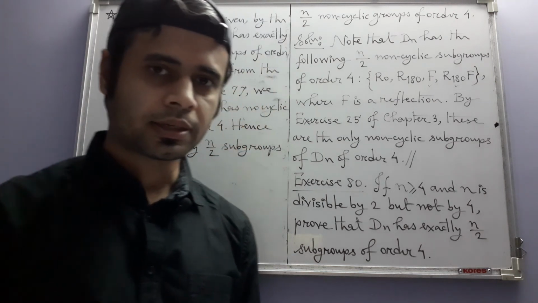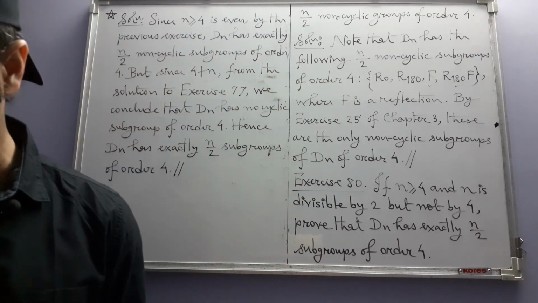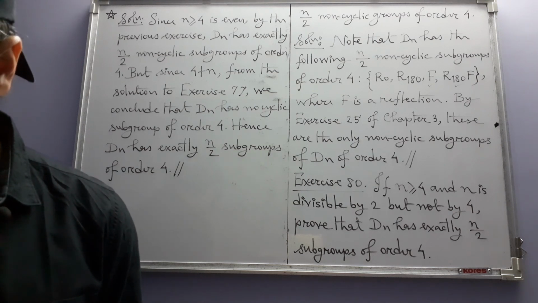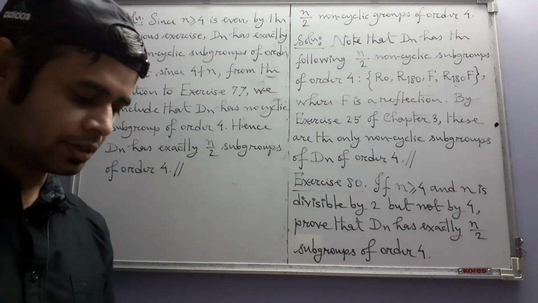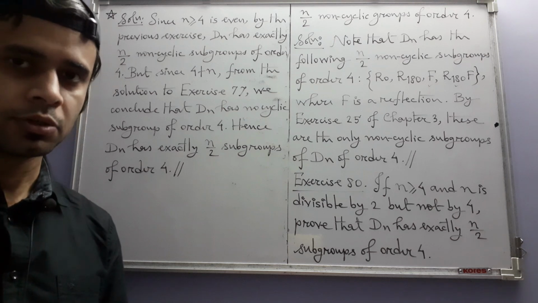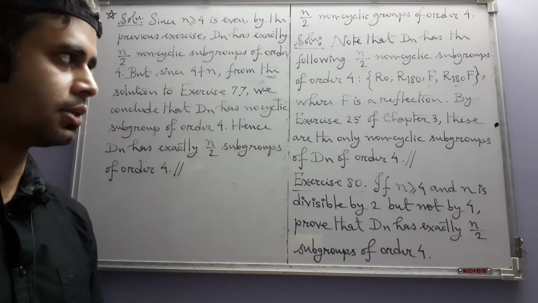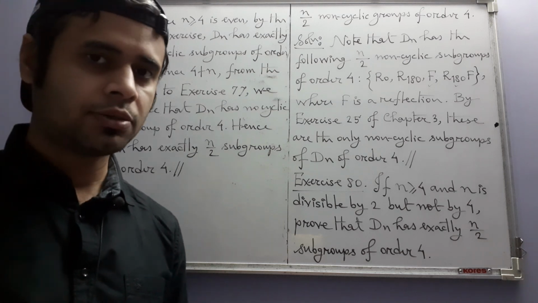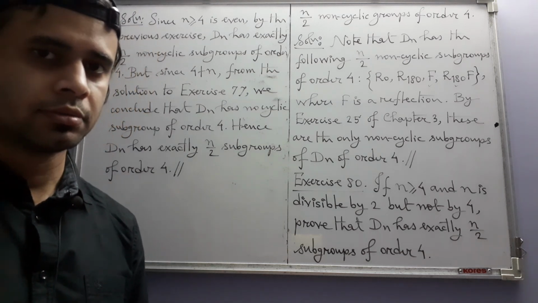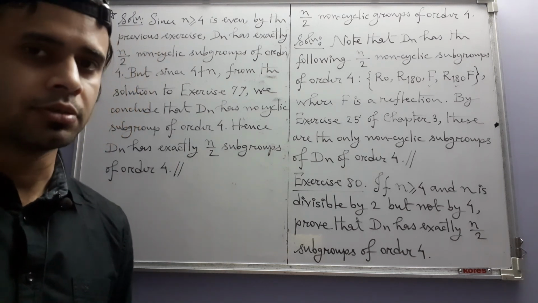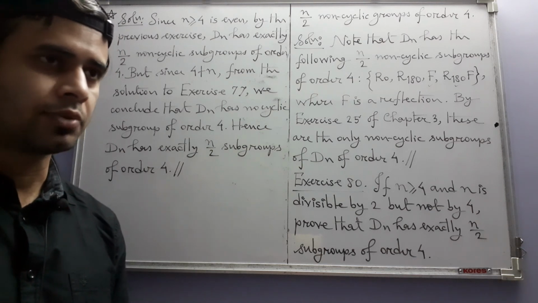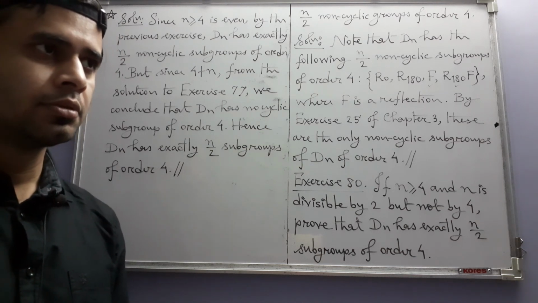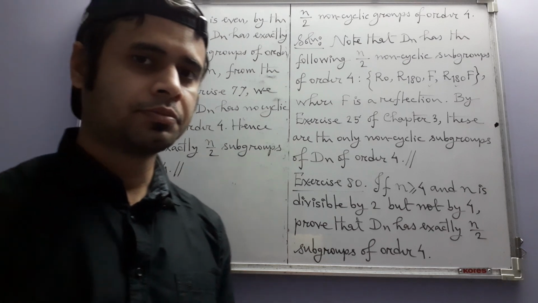The remaining exercises in this set of exercises will be solved in the next group theory video from Gallian, and in the next video we will also start the exercises on permutation groups, that is chapter 5, I think. So that will be all for today.